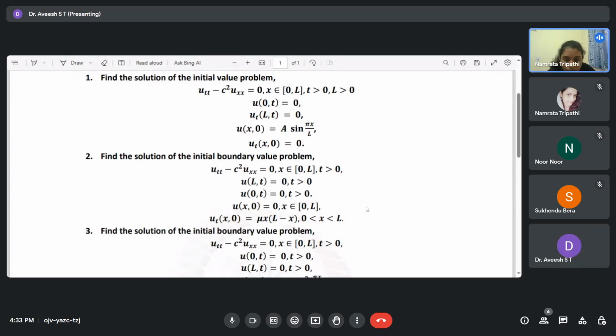Consider u(x,t) as X(x), a function of x only, and T(t), a function of t only. Then you can find u_tt and u_xx, substitute, and after applying the given boundary condition and initial condition, you will get the expression for u(x,t).